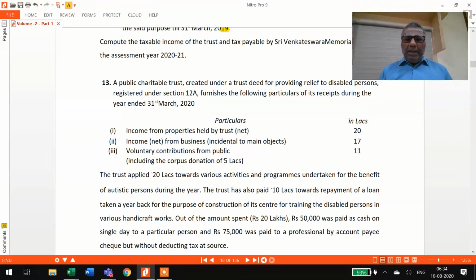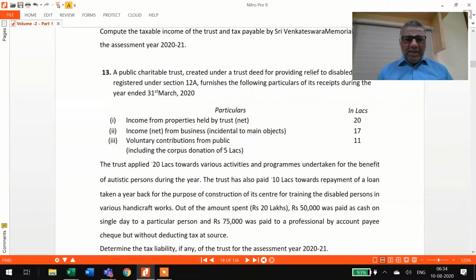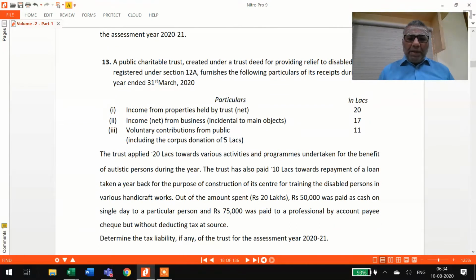A public charitable trust providing relief for disabled persons furnishes the following: income from property held under trust, income from business incidental to the main object, voluntary contribution from public, including corpus donation of 5 lakhs. The trust applied 20 lakhs for various activities and programs undertaken for the benefit of such people.